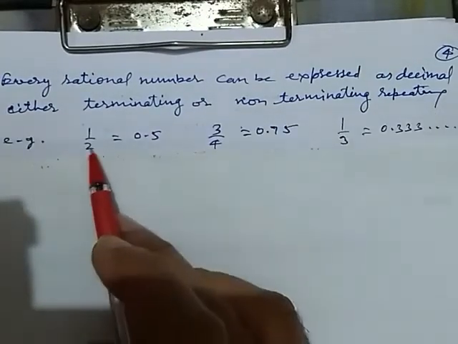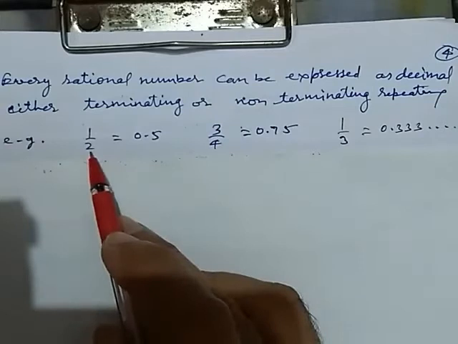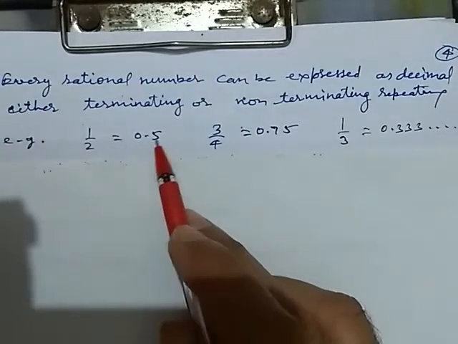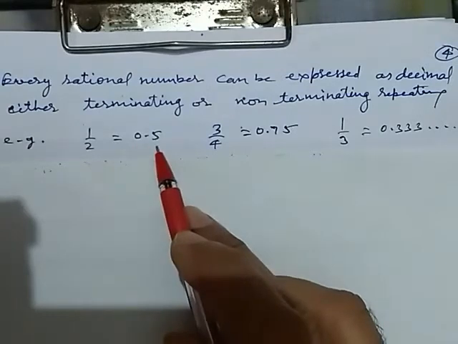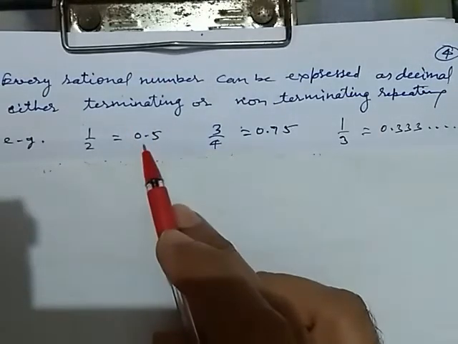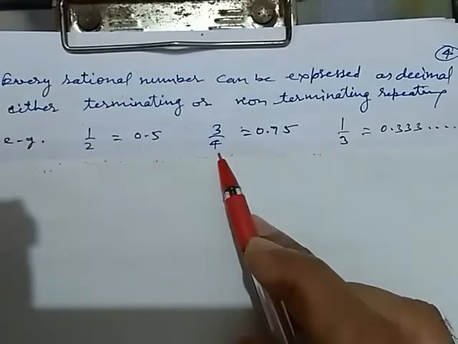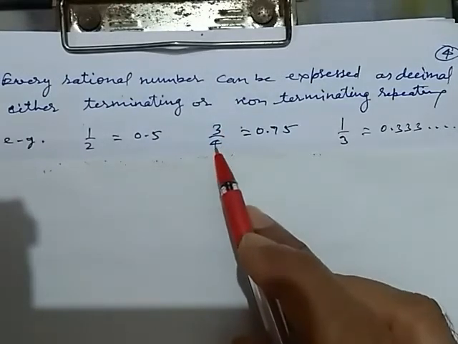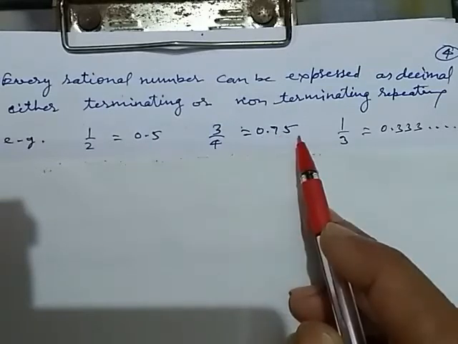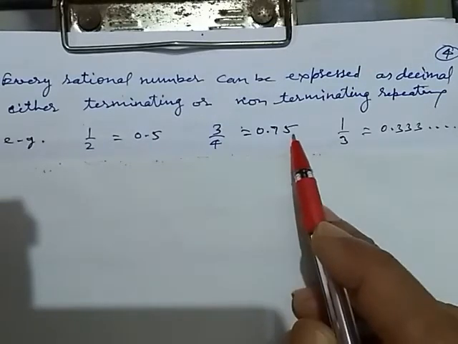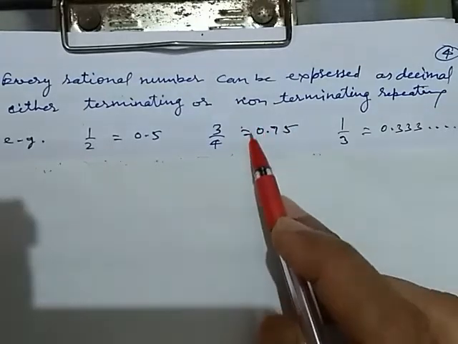Like this, 1 by 2 can be represented as 0.5. When we divide 1 by 2, we get 0.5. So this decimal number is also a rational number. 3 by 4 is in p by q form, and when we divide 3 by 4, we get 0.75, which is a terminating decimal.